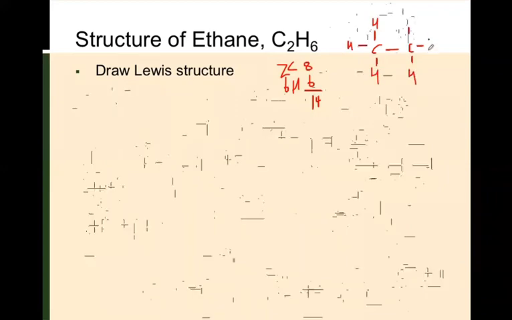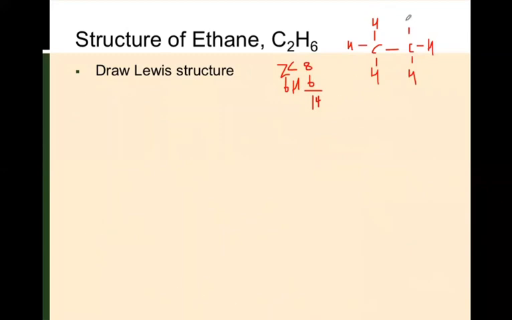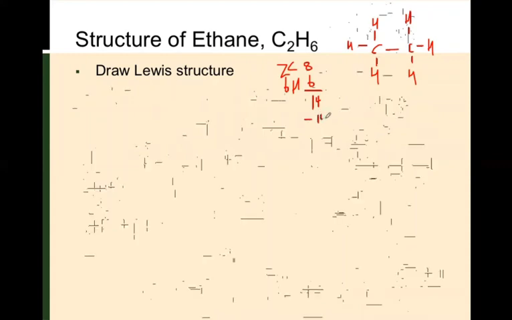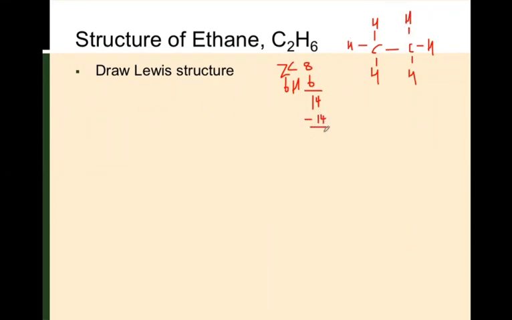So how many bond pairs do we have here? Can someone help me, please? How many bond pairs do we have? Yep, thank you very much. We have 7. 7 times 2 is 14, so that means we have 0 electrons to add as lone pairs. So actually, we already have our Lewis structure.